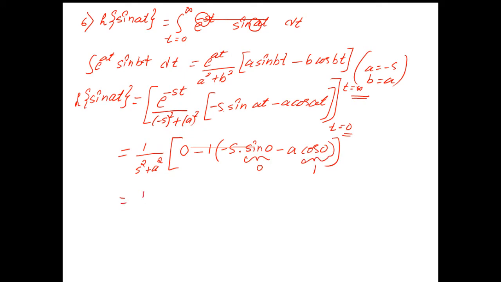So we will get 1 divided by s square plus a square times minus 1 into, this term vanishes, minus a into 1. So minus into minus plus, we will get a. Therefore, Laplace transform of sin at is equal to a divided by s square plus a square.